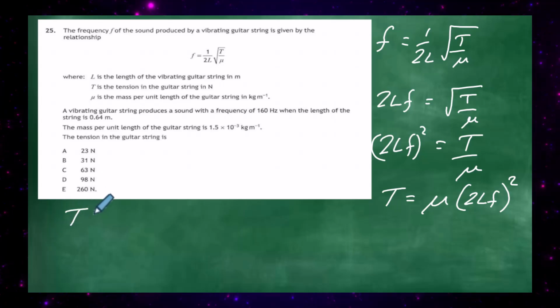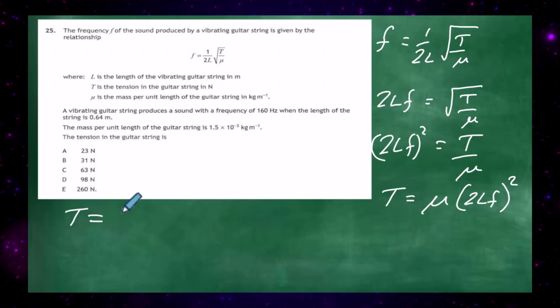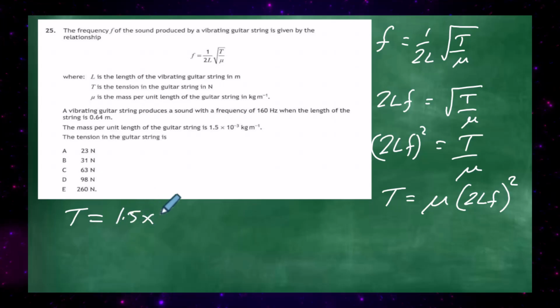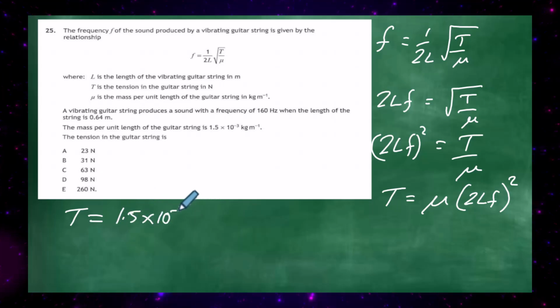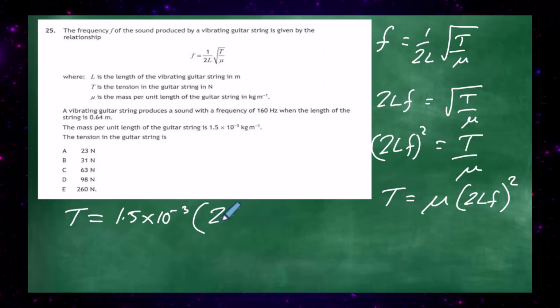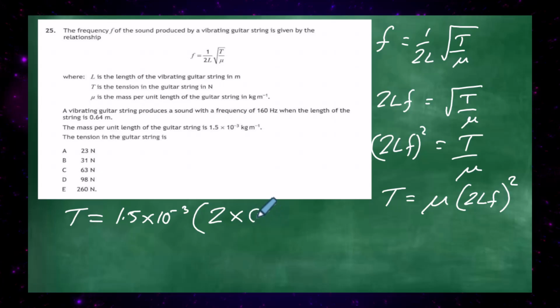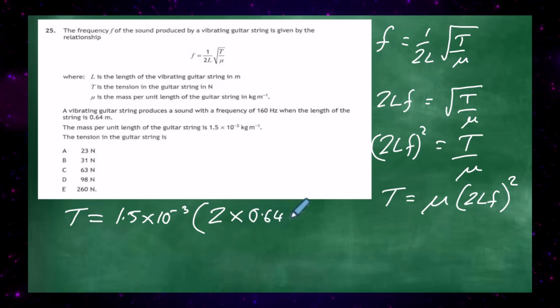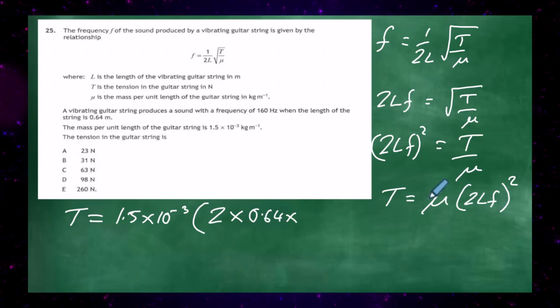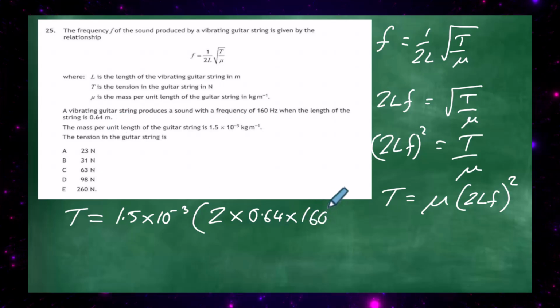So tension T is going to equal, first of all, mu, which we're told is 1.5 times 10 to the minus 3. And multiply this bracket by 2 times the length of the guitar string, which is 0.64, so that goes in there. Multiply by f, the frequency, which is in this case 160, and don't forget to square it.